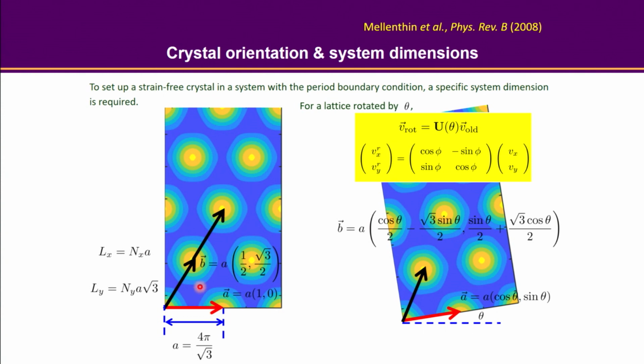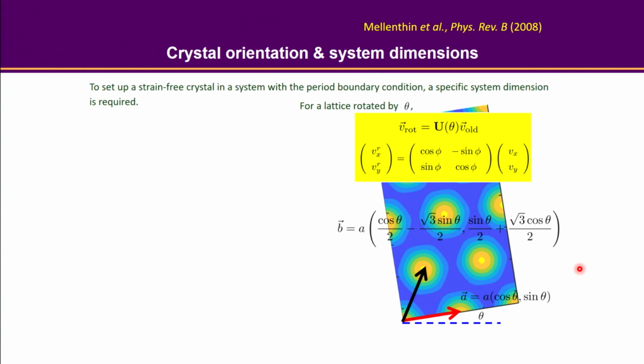Just plugging this B into the right-hand side of this equation, you are going to get the B vector rotated by angle theta, and you will get a new xy component like this. Okay, so that's our foundation, and we are going to use this kind of picture to construct the system size. All right, I think it's straightforward.